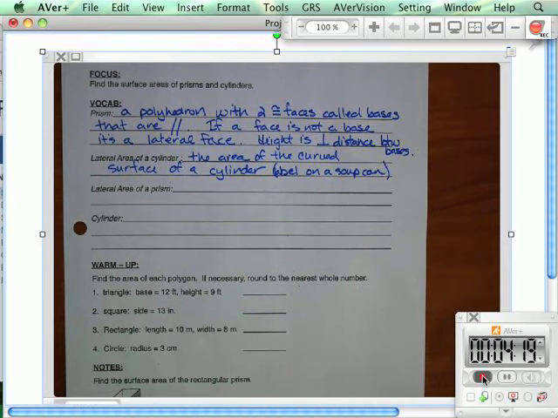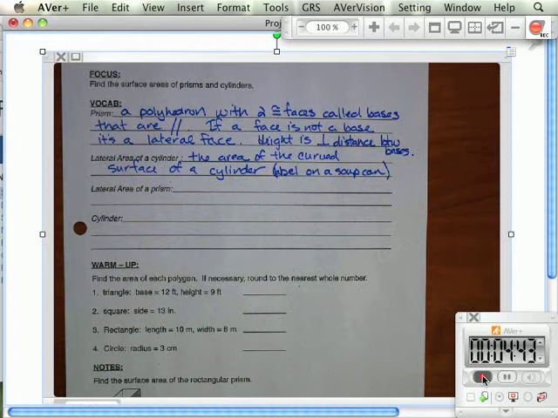Okay, the lateral area of a prism. So let's say someday you have to make a column on a house. Like this. I have columns like this shape on my house. When you make a column, do you need the material for the top and the bottom? No. You don't need the material for the top and the bottom, do you?